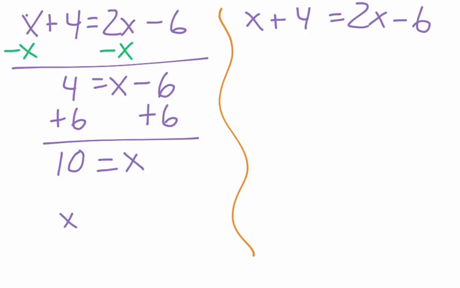And most people don't have any trouble understanding that 10 equals x is an equivalent equation to x equals 10. Now the other way to do it is to try to get the x's on the left side. So on the right side I have positive 2x. So I'm going to take away the positive 2x. I have to consolidate it. So we need that to end up being a 0.